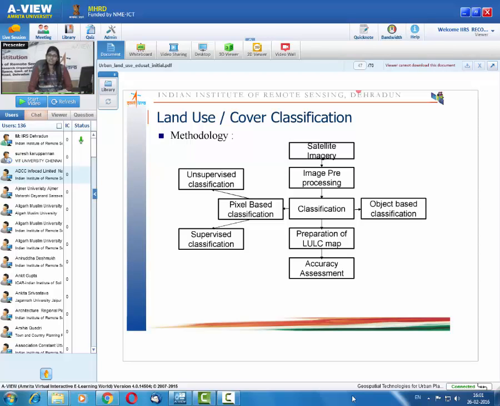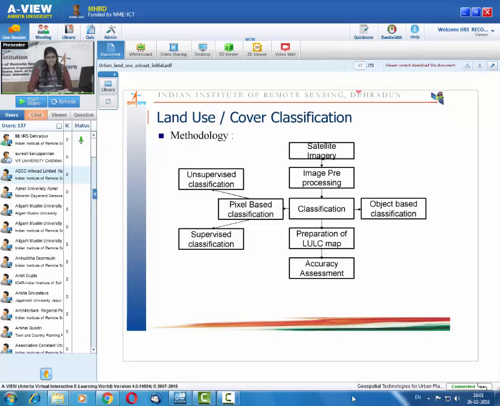Level 3 classification also cannot be done by digital image processing. Level 1 and to a certain extent level 2 classification can be done by digital image processing. That means the spectral signatures of the pixels can be attributed to a class and the entire image can be classified further. So for level 1 and level 2 classification systems, this methodology can be followed, which I am discussing right now.